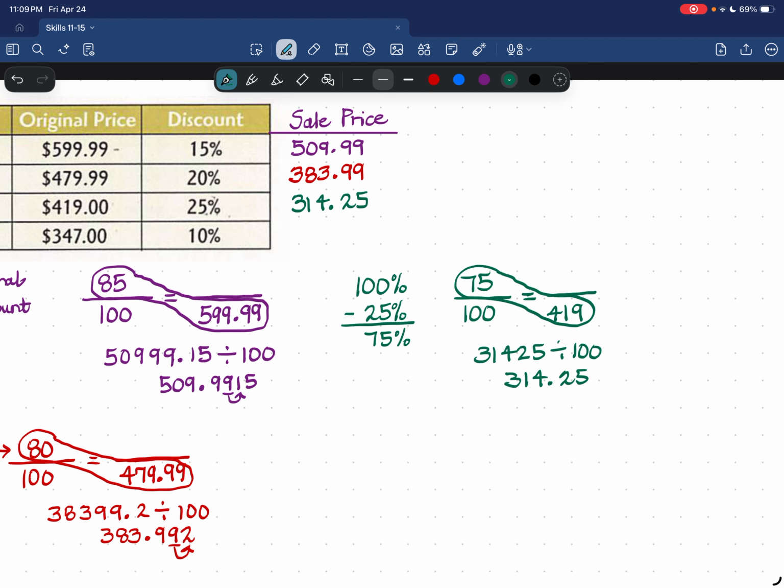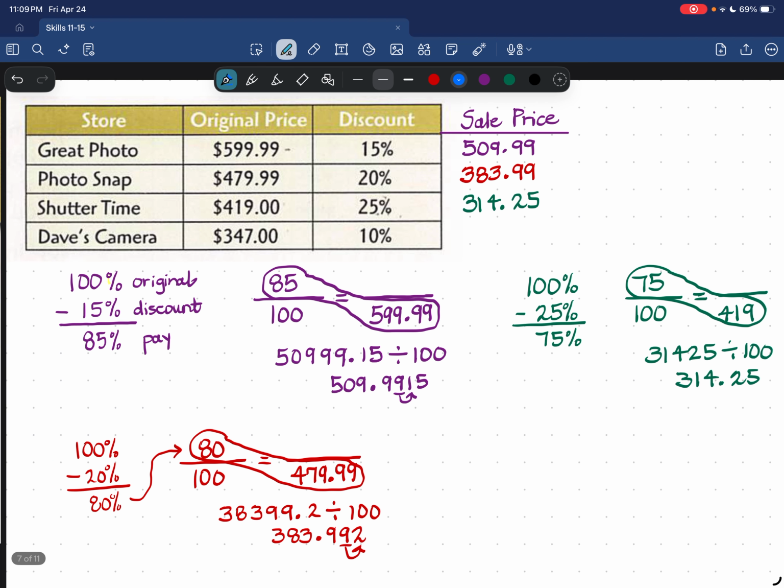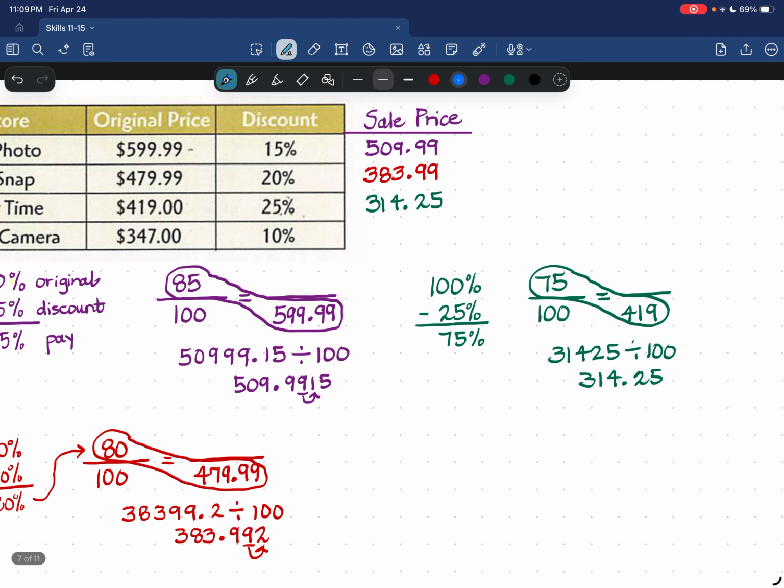And then finally we have Dave's camera, where we only save 10%, but the original price was much lower. So we're paying 90%, but the original was only $347.